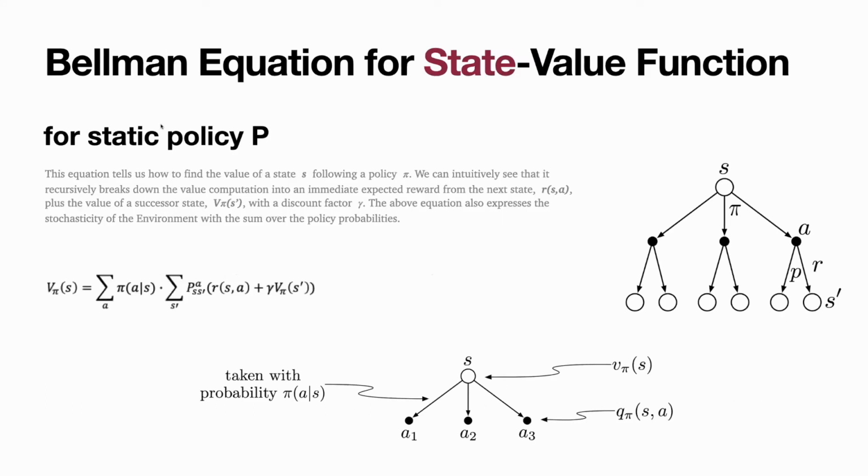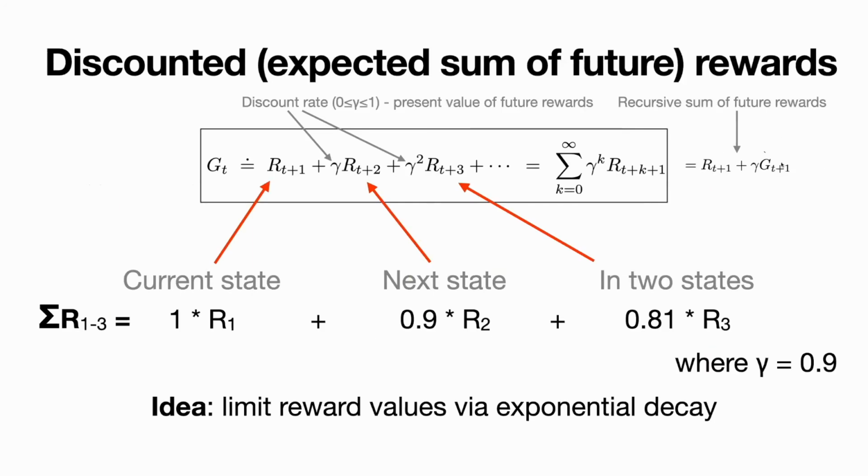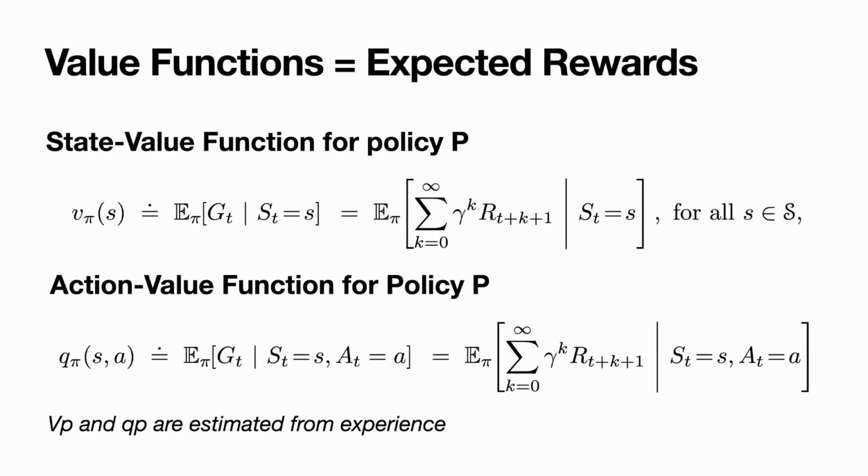Now, what is the Bellman equation? Again, there are two Bellman equations for two cases, for state value function and for action value function. You could notice that if we simply substitute this with the recursive representation of discounted future rewards, we will get the Bellman equation from this.